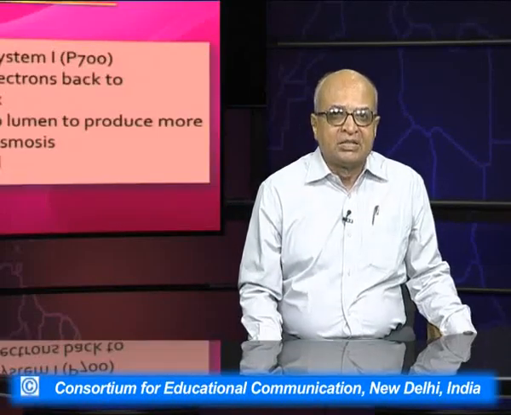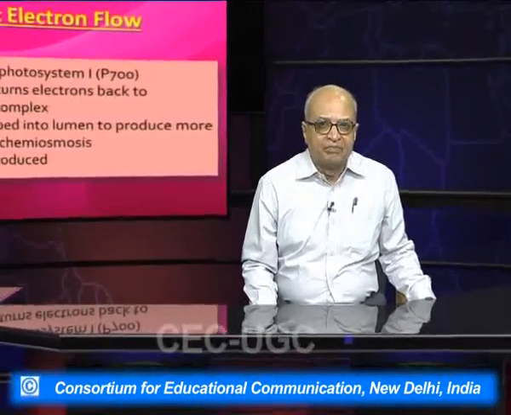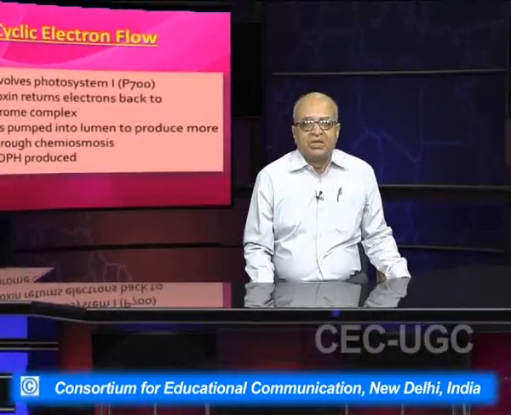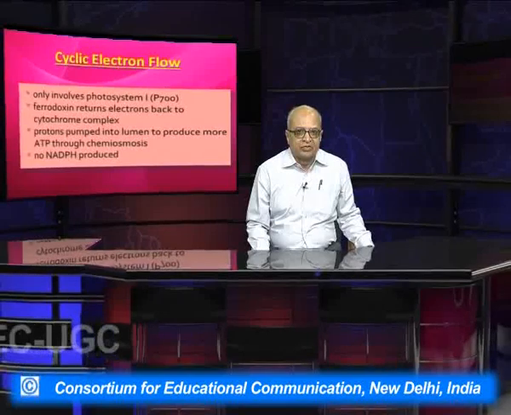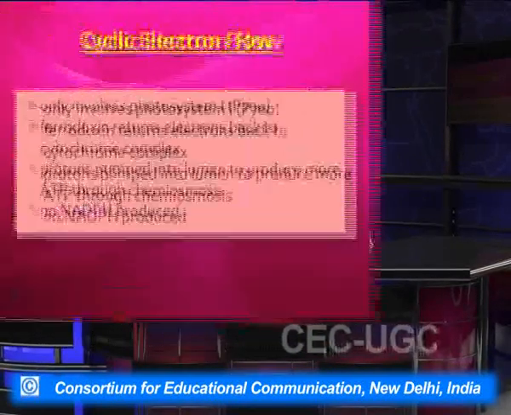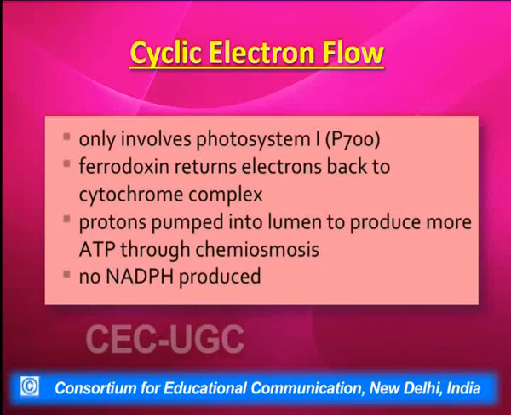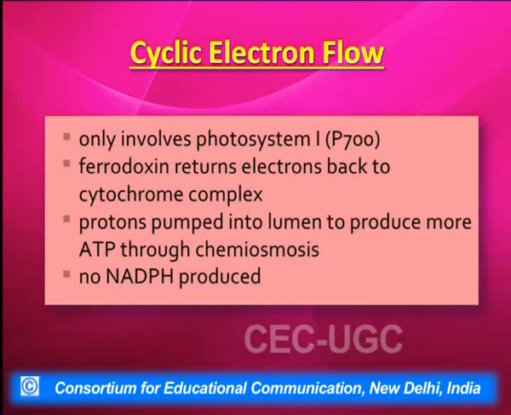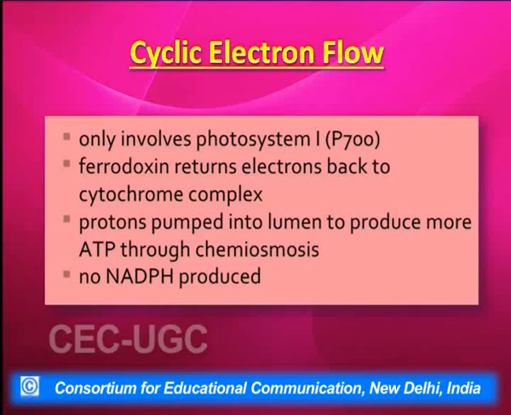So, to summarize, cyclic electron flow would take place only when PS1 is operative and PS2 is not operative. The protons nevertheless will be pumped and ATP will be formed, but since there are no protons available for the NADP, and of course the electrons, because electrons have to come from there, there will be no NADPH.